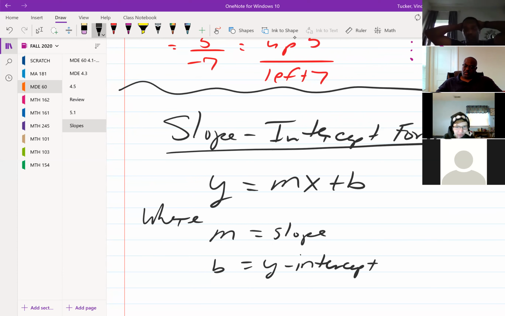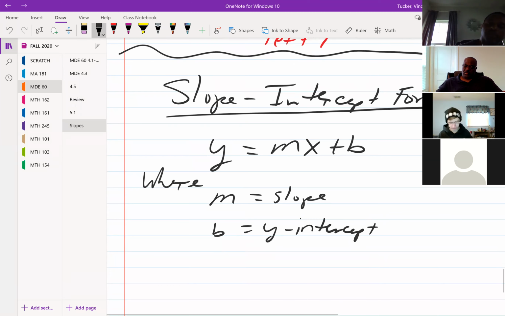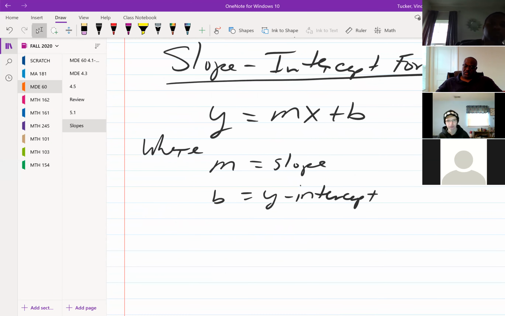All right, so your slope intercept form. We know m represents our slope, but b would represent our y-intercept. So if you have your linear equation solved for y, then it is in slope intercept form. And you can use that to graph.